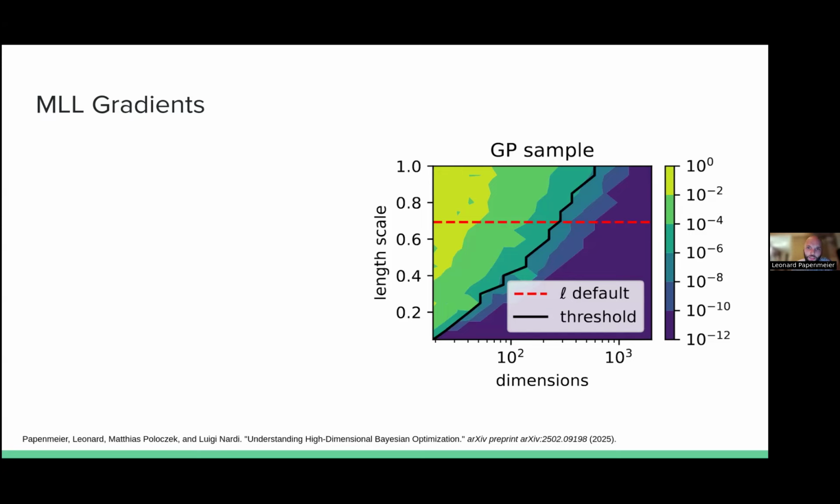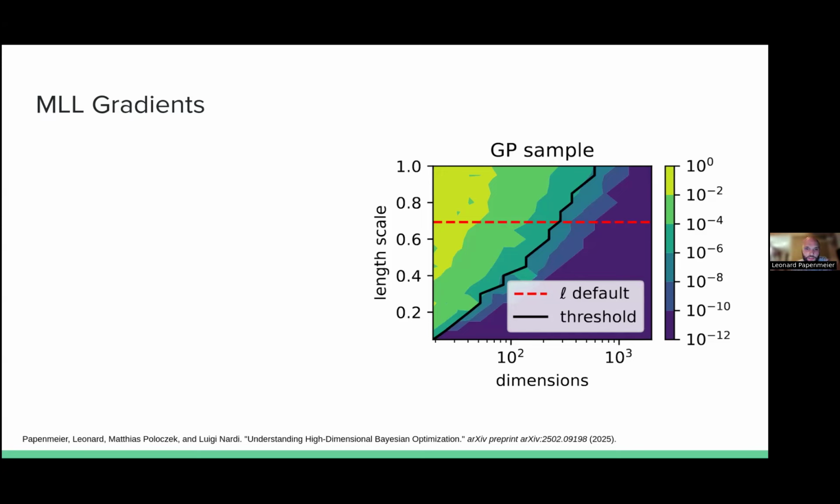The dashed red line here shows the initial length scale value used in earlier BoTorch versions. Up to version 12, BoTorch used a fixed length scale initialization strategy that set it to the natural logarithm of 2, and that's what this dashed red line shows.